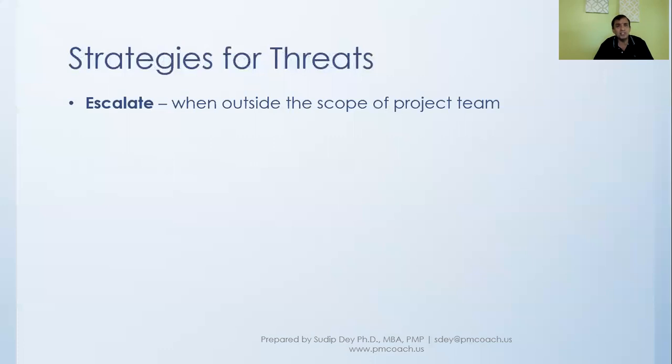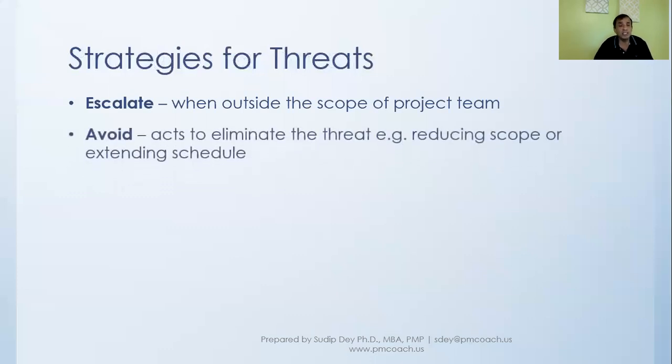But the important thing here is we have to ensure that, to whatever level we have escalated, they have accepted it. And after that, we don't worry about this because it is outside our scope.